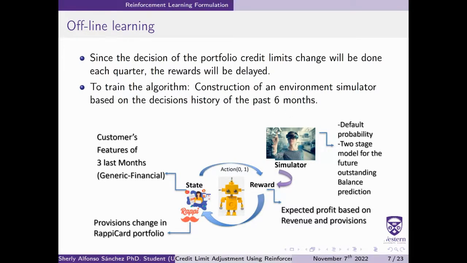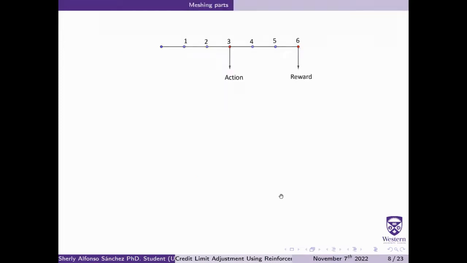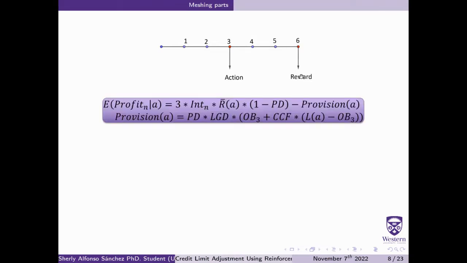Having this formulation, we needed to construct a simulator that takes into account the default probability, and we also constructed a 2-stage model to make predictions about the outstanding balance 3 months after taking the action. The reward was thought of as the expected profit, using not only the revenue but also the provisions of the portfolio. So overall, in the first 3 months we have the information of the customers, we take the actions, and after 3 months, we evaluate the impact of those actions.